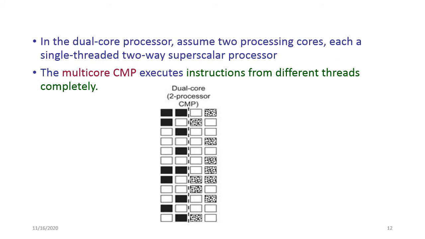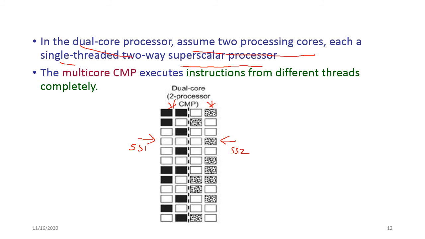The next one is the dual core processor. In this dual core processor we can assume 2 processing cores. So this is processing core 1 and this is processing core 2, each a single threaded 2-way superscalar processor. That is, each core will act as a separate superscalar processor. This is superscalar processor 1 and this is superscalar processor 2.